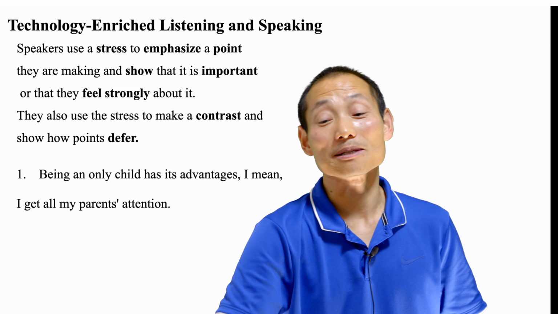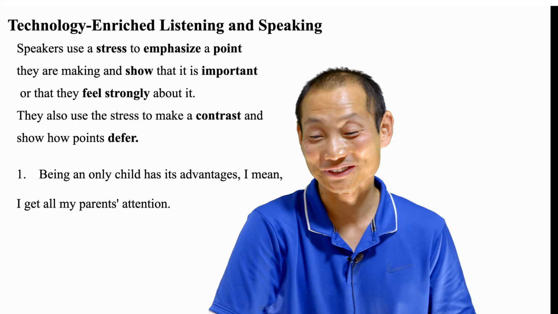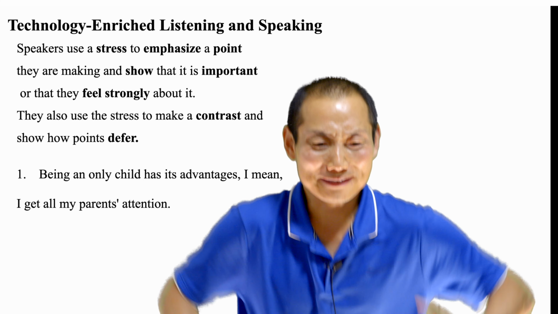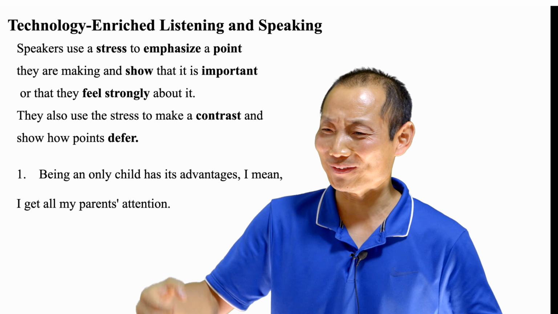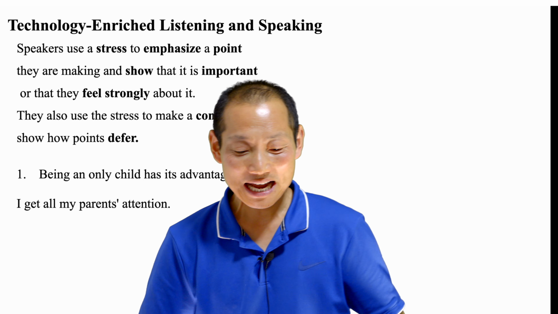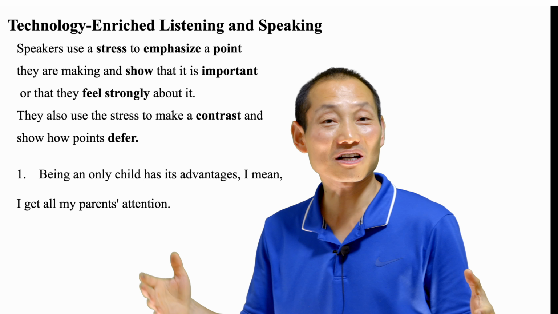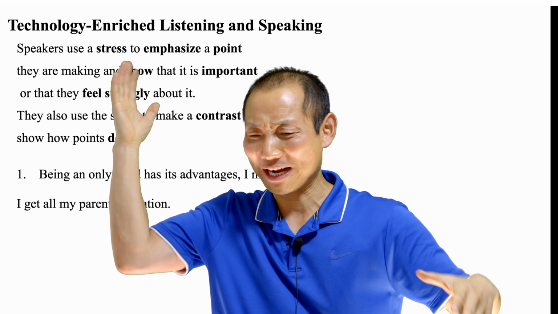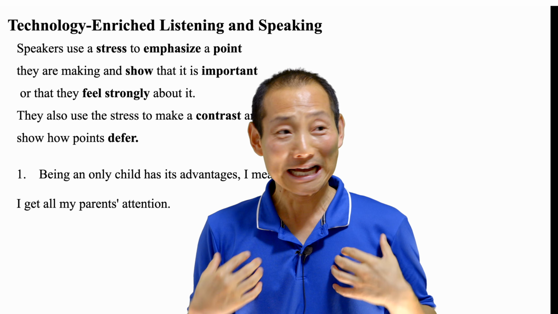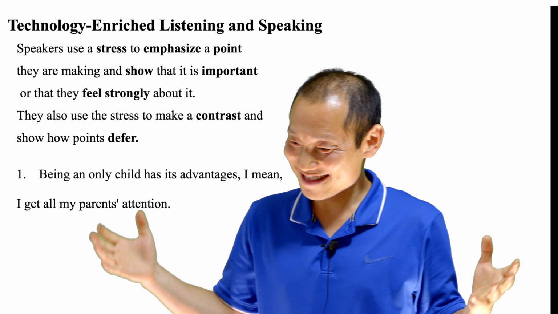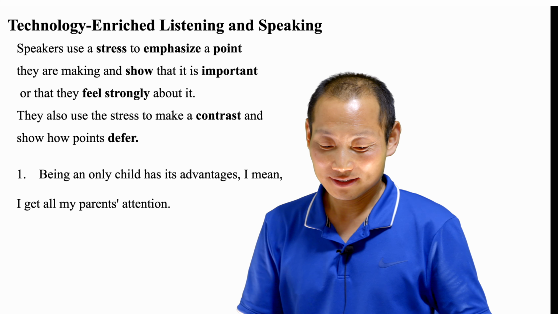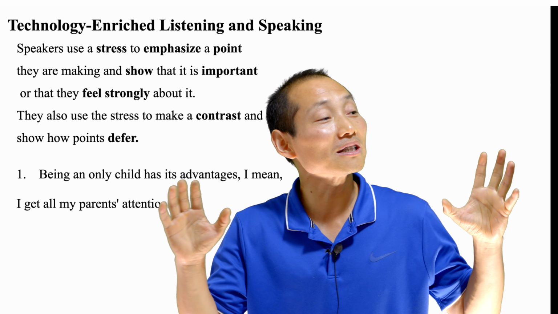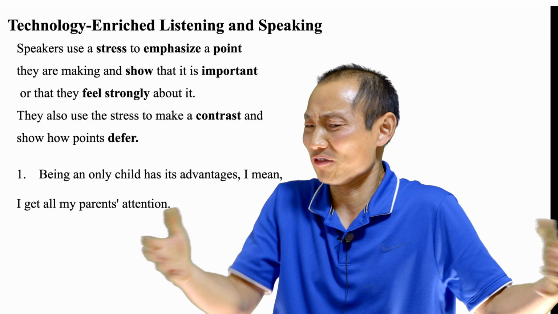And sometimes maybe you want to make a contrast, right? Black and white. I'm short. He's so tall. It's a contrast. Sometimes you want to tell the difference between different things, right?